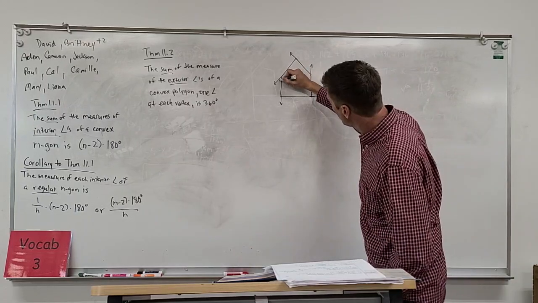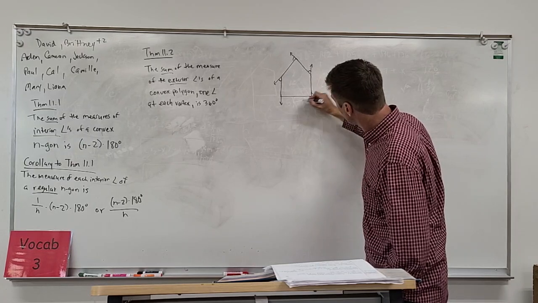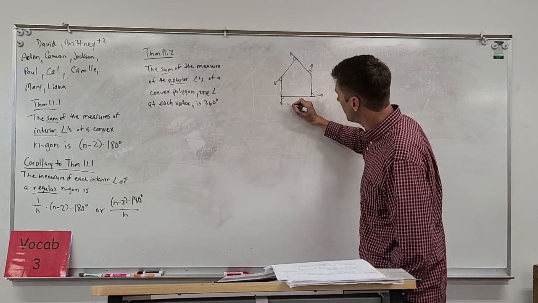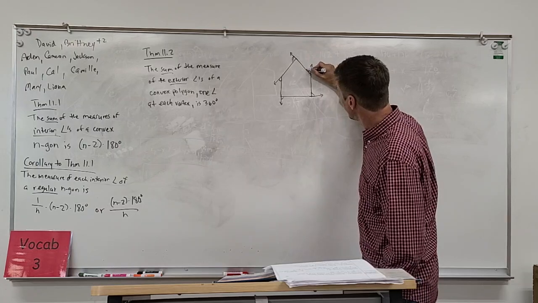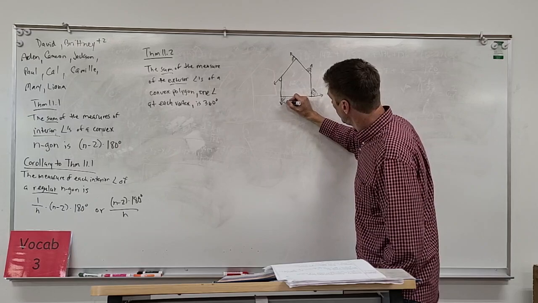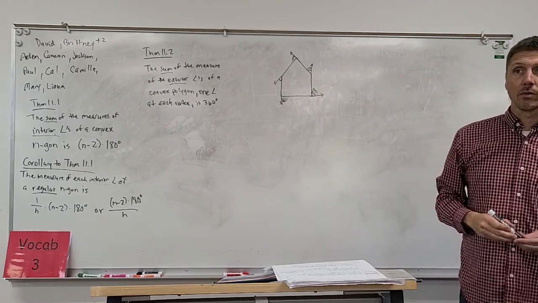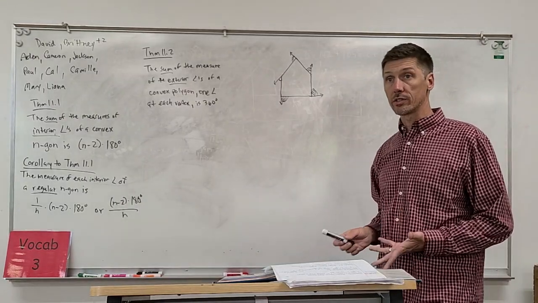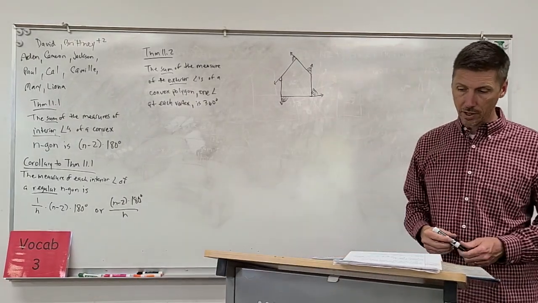Then the angle formed in all of these places here would be what my exterior angles are. And I shouldn't have drawn the same line for each one because they all have potentially different measurements. There we go. But all of those angles there will add up to be 360 degrees for a convex polygon, okay?